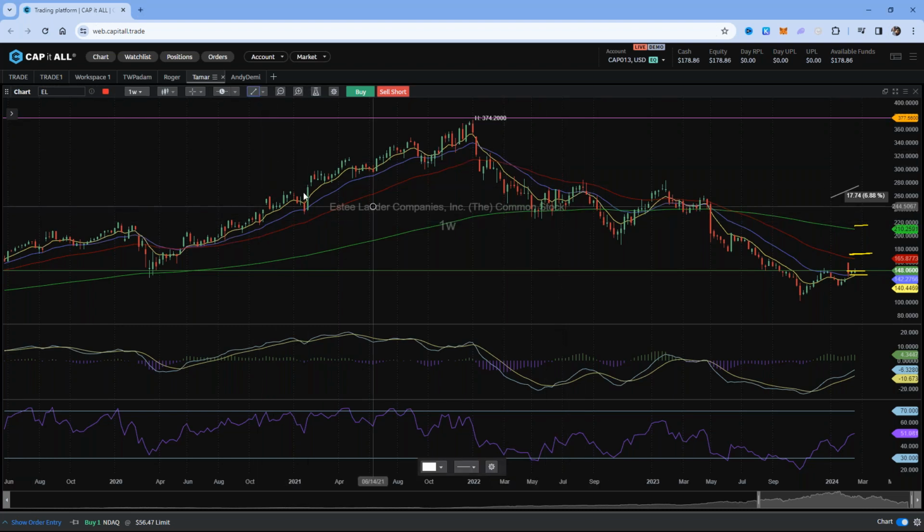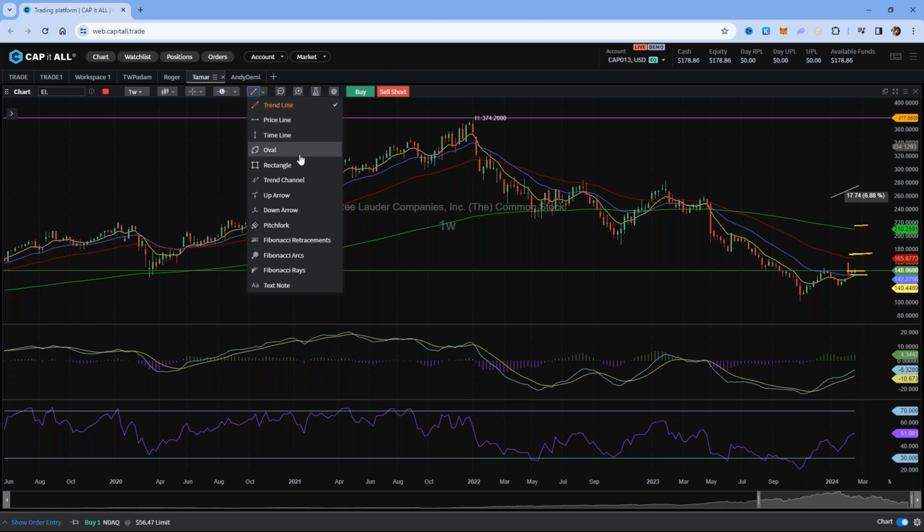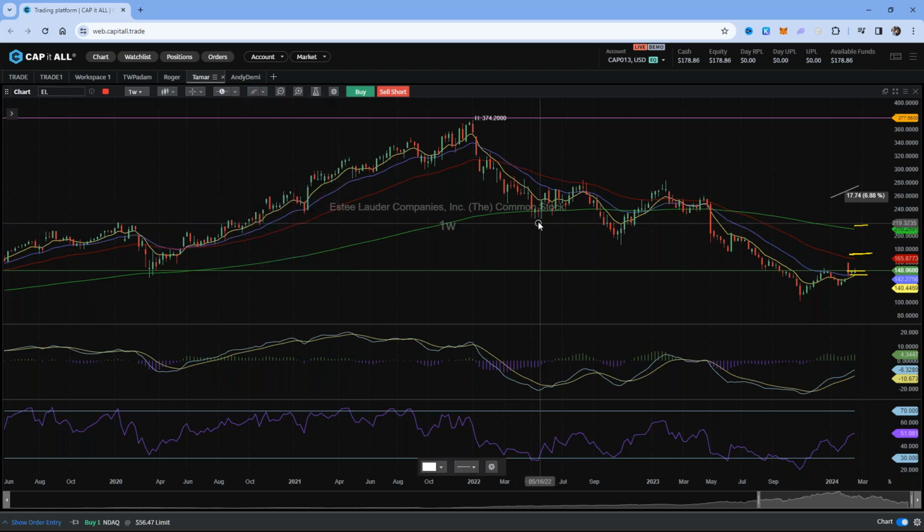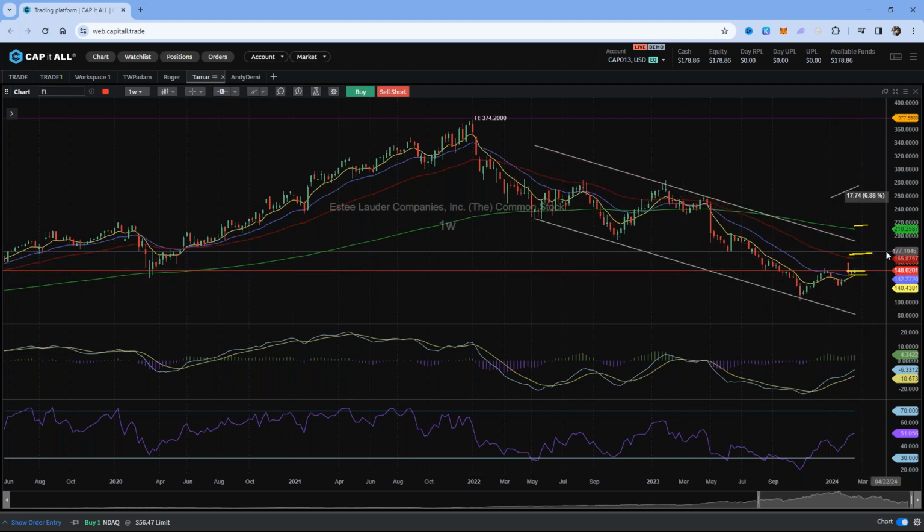Let me see if I can do a channel here. Yeah, so you can see support, support, resistance, resistance. So no gaps.